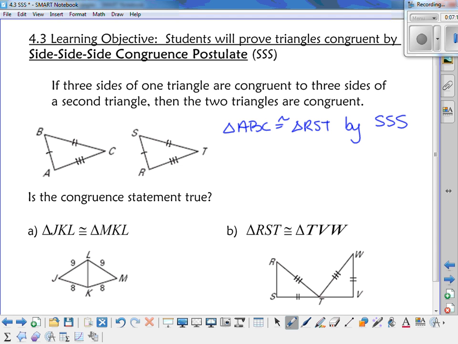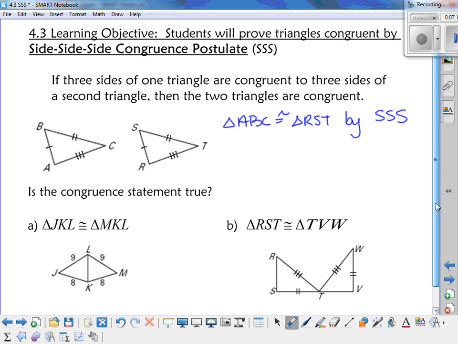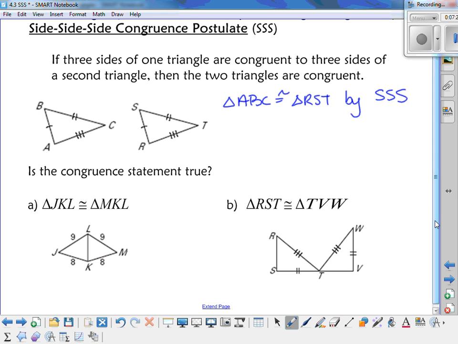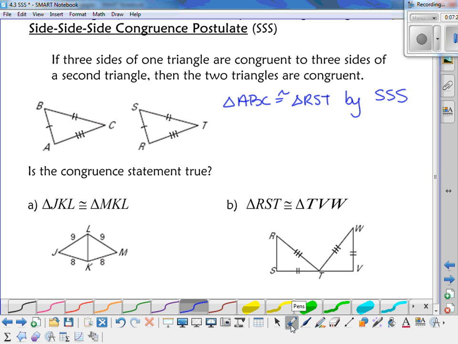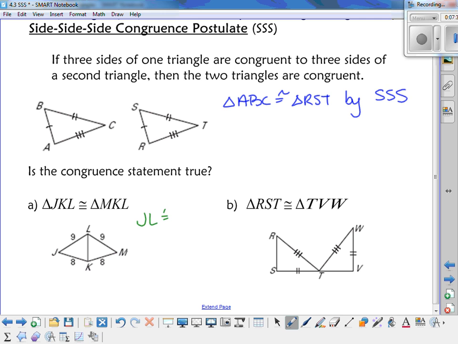All right, so looking at this example here, we want to know, is the congruence statement true? So if I look at example A, I've got JKL congruent to MKL. Well, if I was doing this as a proof, I would have to list all the congruent sides. So I can see that JL is congruent to ML because they have equal measures.